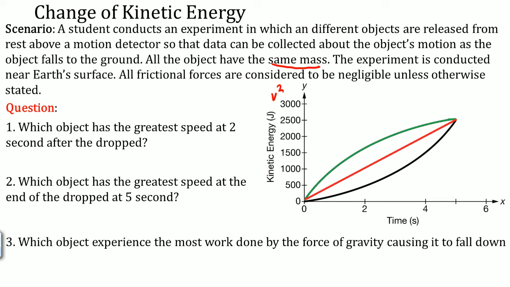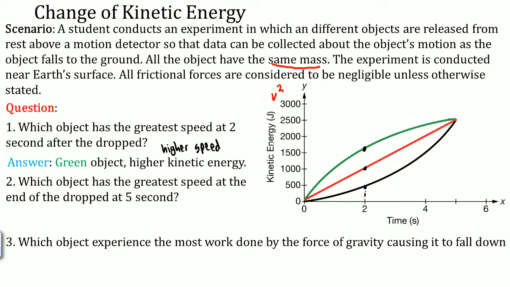Okay, so the kinetic energy can be seen by just looking at the velocity. If we look at the 2 seconds that it's asking for, we see here, here, and here. We should see that the green is actually higher. So here it would have a higher kinetic energy. Therefore, it's going to have a higher speed at that time.